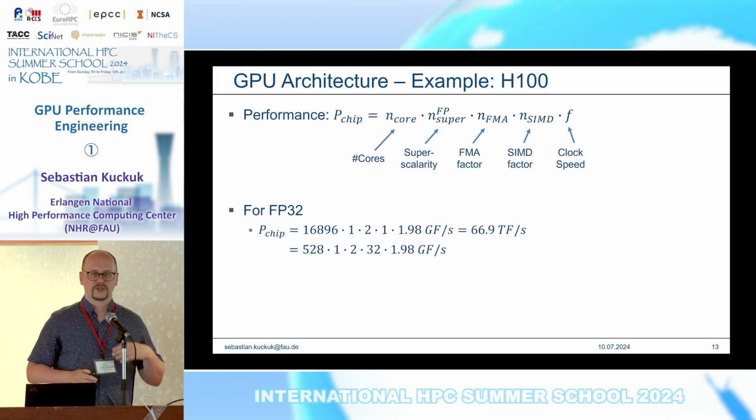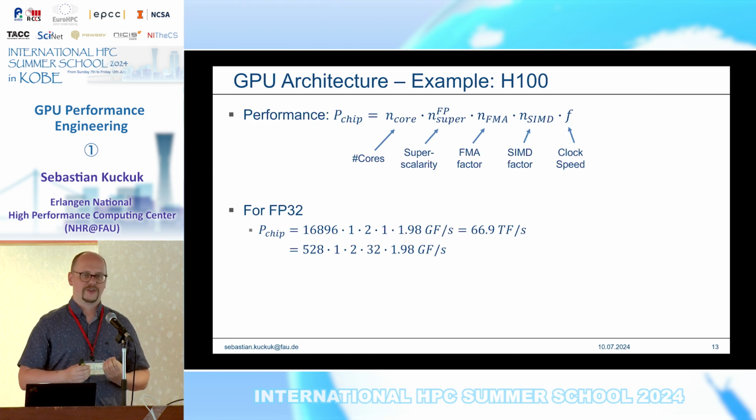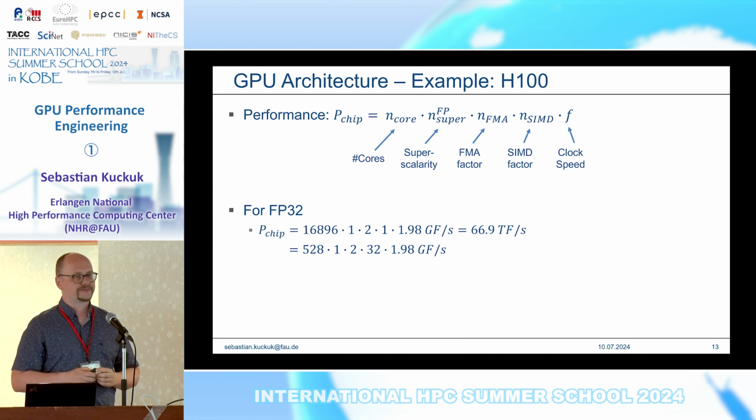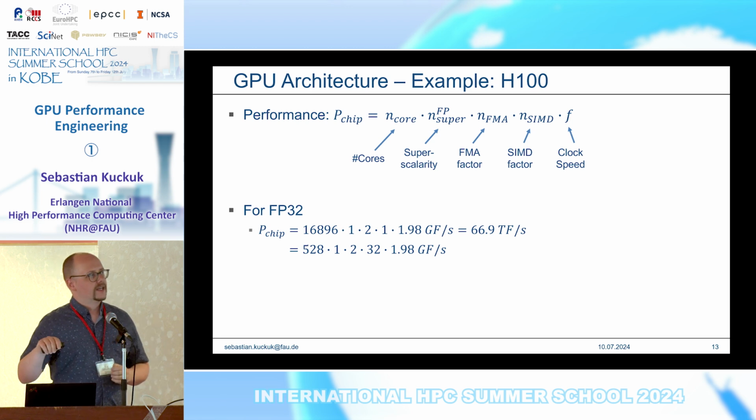Speaking of performance, just to give you a feeling for how NVIDIA and the other vendors calculate their peak performance and what you can expect, you can calculate this very easily by taking the number of cores, again cores in quotes, and factoring in superscalarity. For GPUs, this is not so important, but if you want to relate this to CPUs, this would be a factor different than 1 for most modern CPUs.